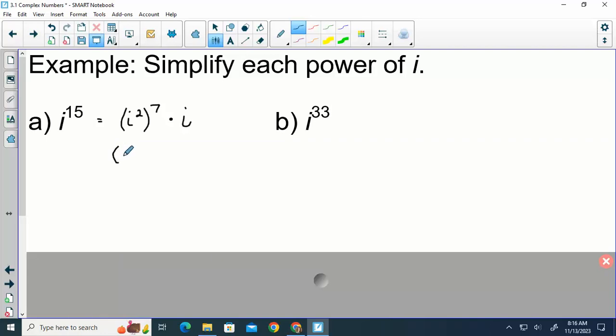I squared is negative 1. What is negative 1 to the 7th power? A negative 1 to an even power will be a positive 1, to an odd power will be a negative 1. So we get negative i for the final answer here.